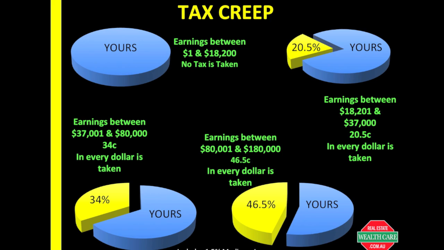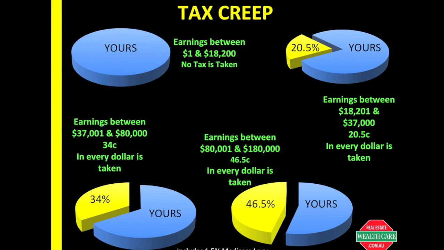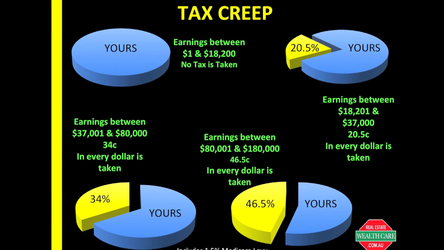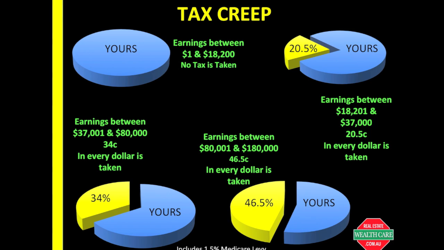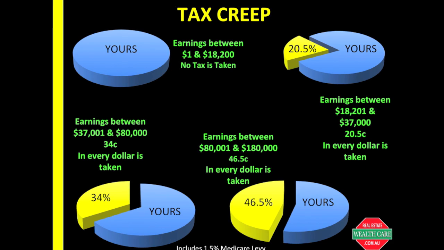Now if I move on to these other slides, what I want to do is explain to you a thing that we have in Australia called a tax creep. Now I'm not talking about the Treasurer Wayne Swan here, I'm talking about the bracket creep that actually happens as you earn more income. On the first $18,200 in 2012, that amount of your salary is tax-free. But from $18,201 up to $37,000, you're going to be taxed at 20.5%.